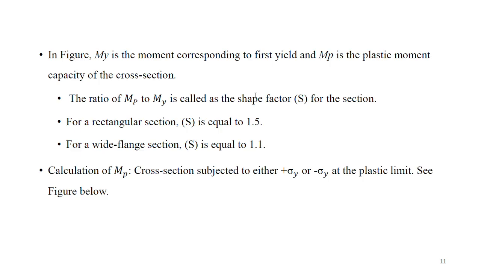The shape factor S is equal to MP by My. For rectangular cross sections, we take the shape factor as 1.5. For wide flanged sections or any I sections, we take the shape factor as 1.1.